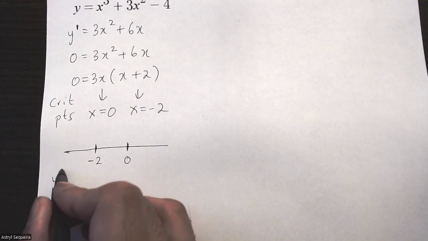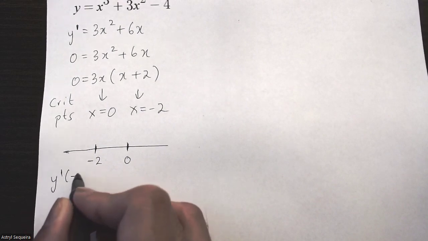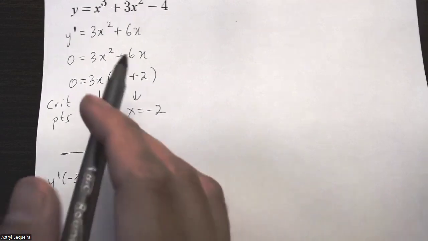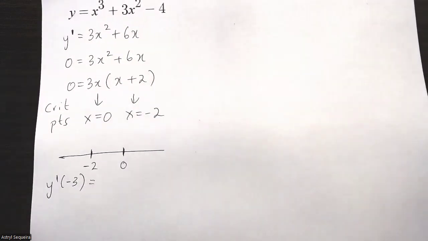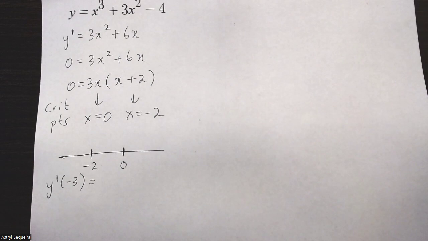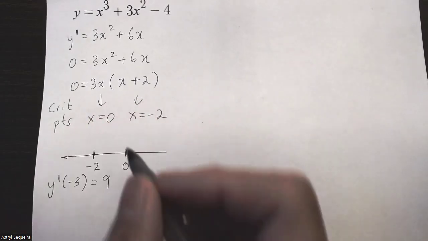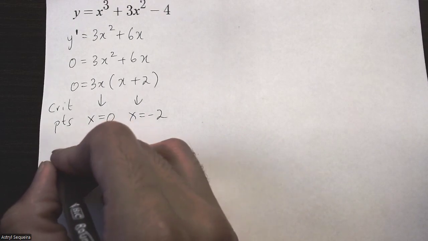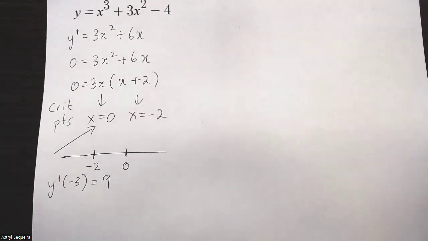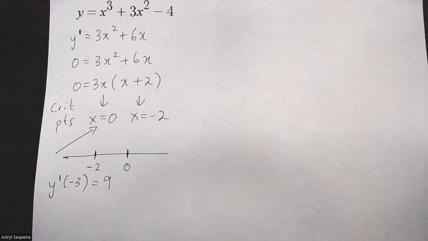I'll pick -3 and sub that into my derived equation right there. I'll do it in my calculator. I get +9, so I know that if it's a positive value, it's an increasing interval. So draw an arrow going upwards from left to right.